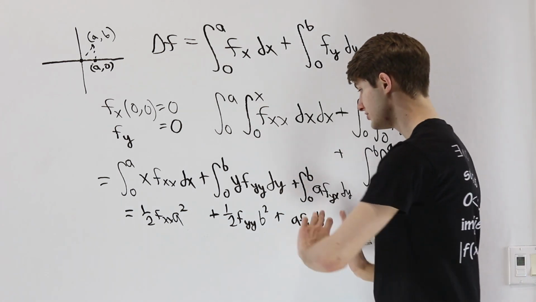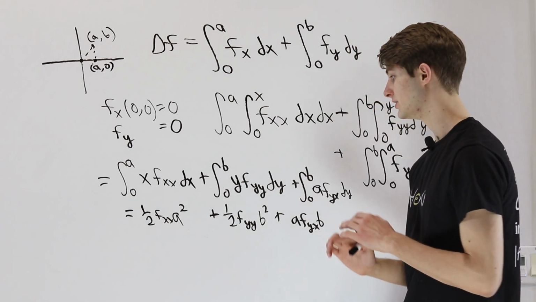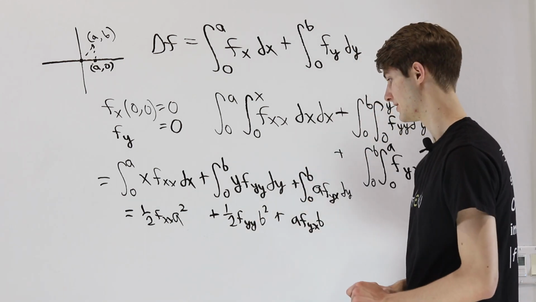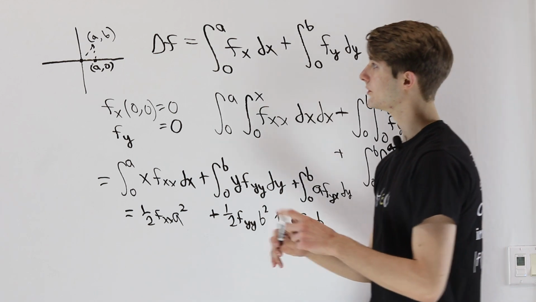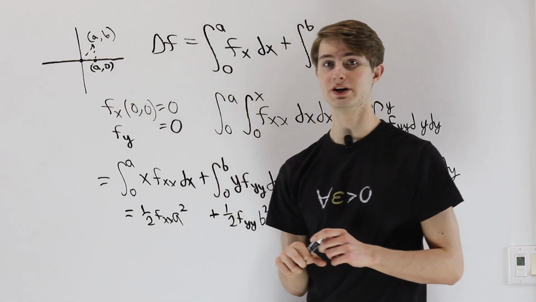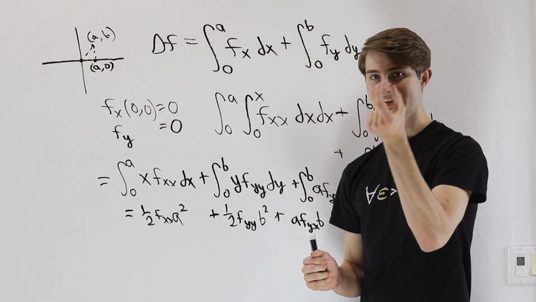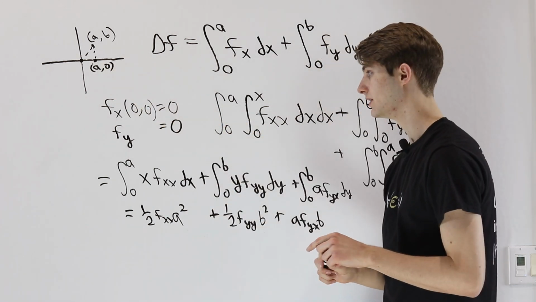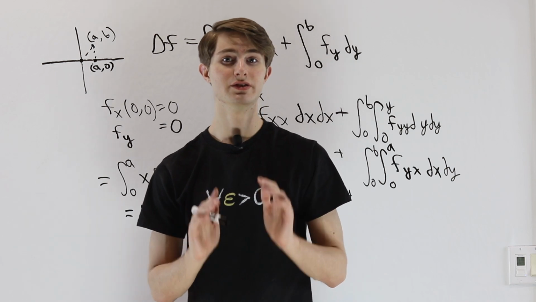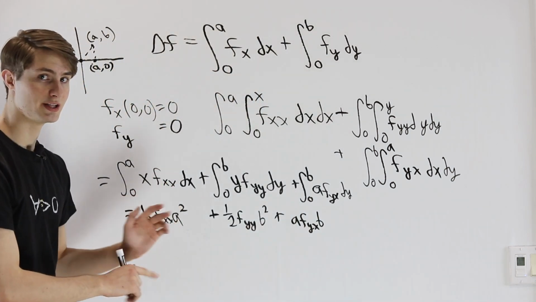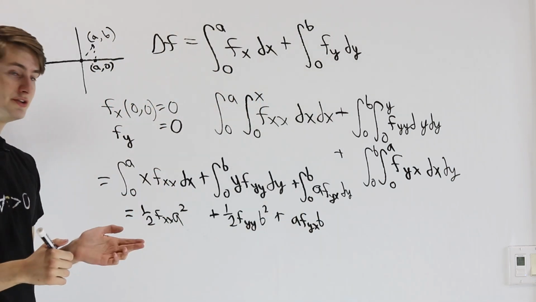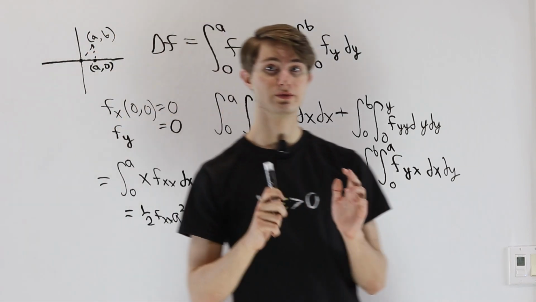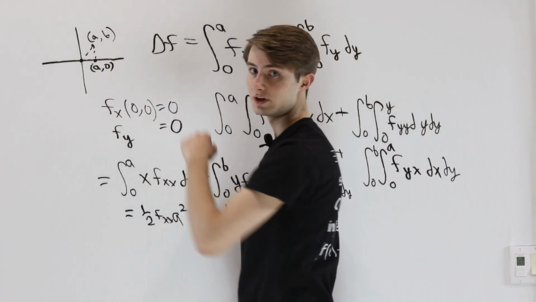What we need to do now is simplify this expression a little bit so that we can figure out exactly what's going on. Now remember that when we're looking at this change in the function value, we're looking at an infinitesimal displacement between the origin and the point AB. So the idea of length is not really important when we're looking at this situation. What I'm going to do instead is focus on the direction that we're moving from the origin.